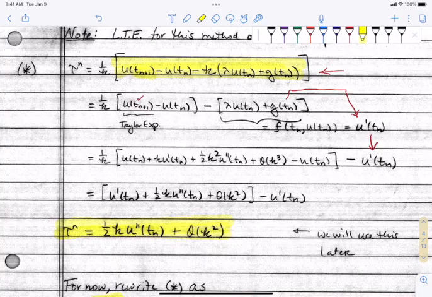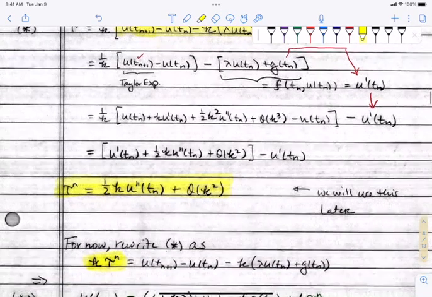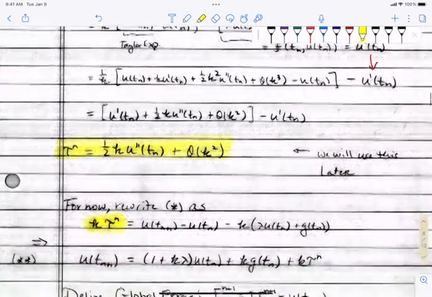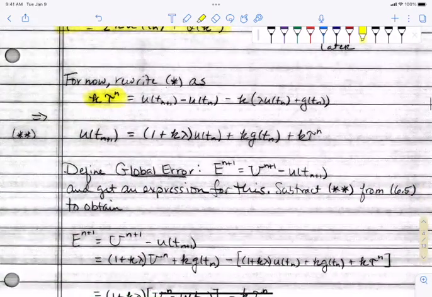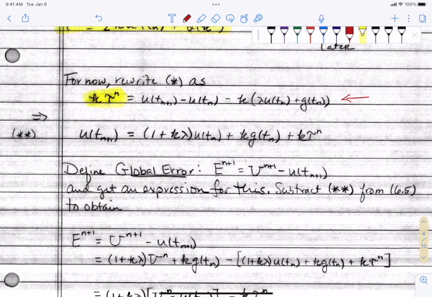Let's use this for now. We'll come back to this other highlighted version. So that is going to be this thing right here. So now notice if I solve for u at Tn plus 1, what I'm going to come up with is an expression like this.